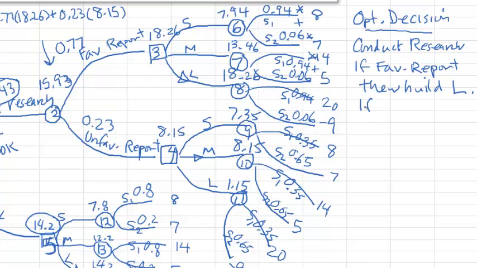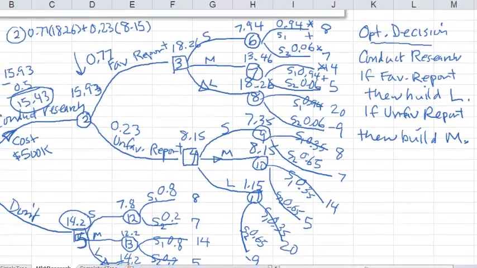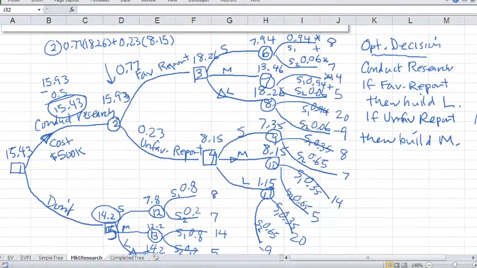But if the report is unfavorable, then build a medium-sized condominium complex. Now, what is the resulting maximum expected value from this? It's the value at node 1. So here we would say the maximum expected value from all this is 15.43 million.